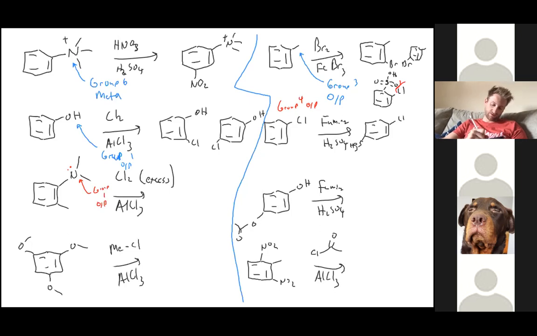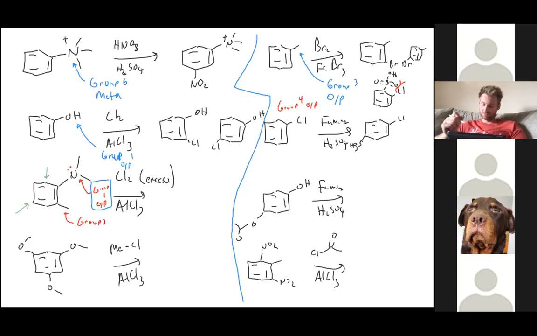Our methyl here is a group 3, which means our group 1 is our higher priority. So the ortho and para positions relative to this nitrogen here would be this and this. The last ortho is blocked by that methyl group, so we can kind of ignore it.